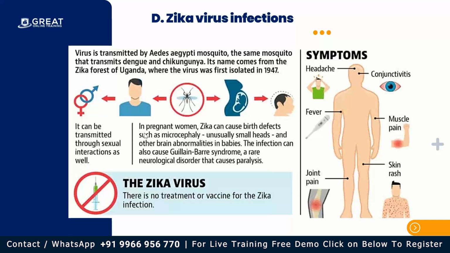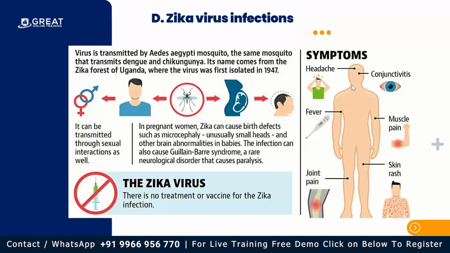This is important. I think this is not included in the book, right? So please write down in your book: Zika virus causes birth defects such as microcephaly. We get questions on it. Usually small head and other brain abnormalities in babies. The infection can also cause Guillain-Barré syndrome, a rare neurological disorder, and there is no treatment or vaccine for Zika virus infection.